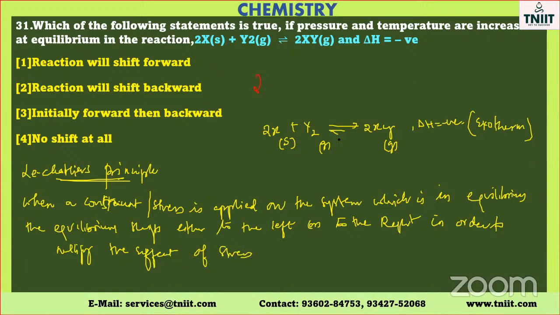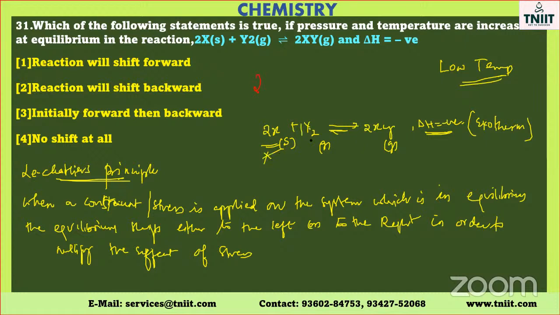Now, this system is already in equilibrium. And clearly the question says the reaction is exothermic because delta H is negative. When the reaction is exothermic, the system gets heated. So this reaction is favored at low temperature. If you see the number of moles, the solid is not considered.